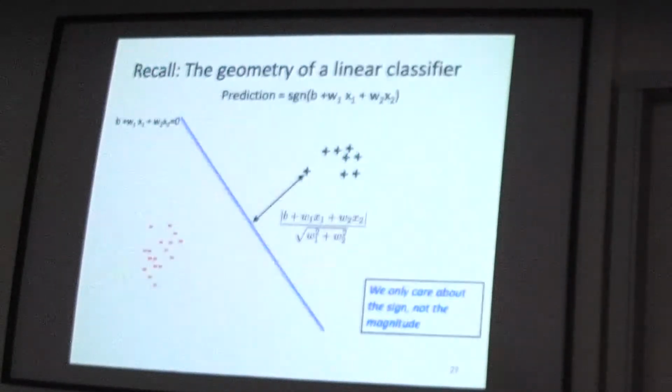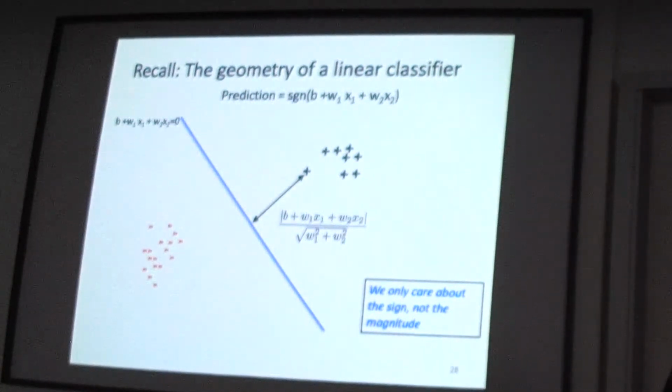So here's the key idea. As we mentioned, if we use all possible values of W and B to represent linear classifiers, it actually contains redundancy. Why? Because we do not care about the magnitude of those W and B. You multiply by any positive scalar, and it corresponds to exactly the same linear classifier. You can multiply B, W1, W2 by 0.1, by 10,000, by 1 billion. They represent the same linear classifier.